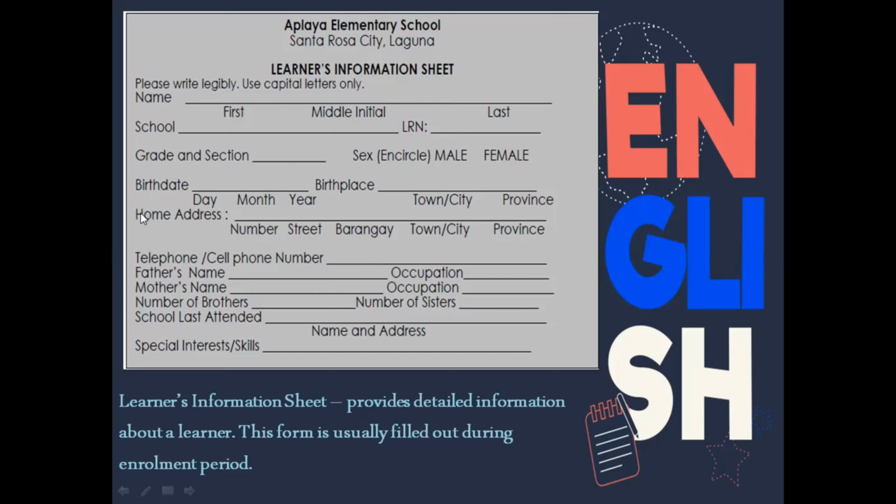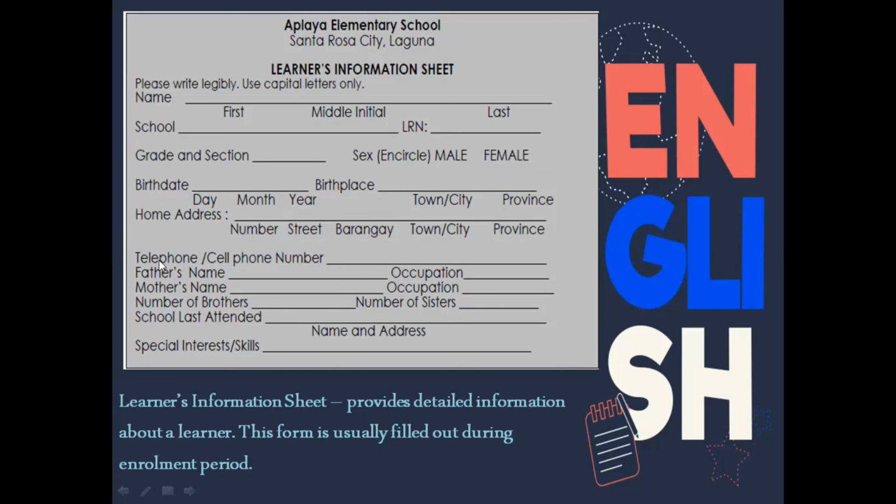This also asks the school that you're going to enroll in, your LRN if you know your LRN, your grade and section, your sex or your gender, it is either female or male, your birth date, the day, the month, and the year of your birth date, your birthplace, the town and the province, your home address, number of your house, street, barangay, town, city, and province.